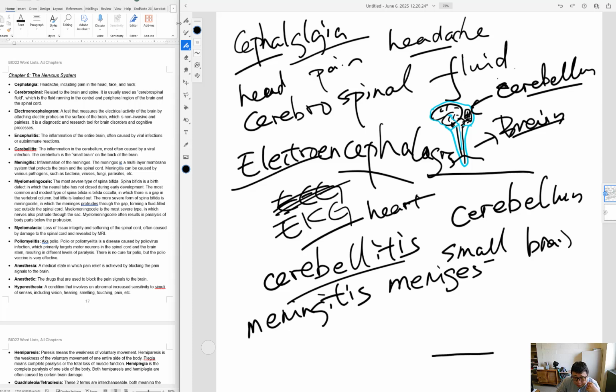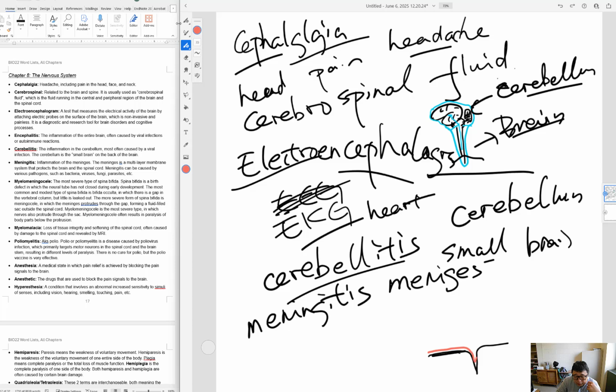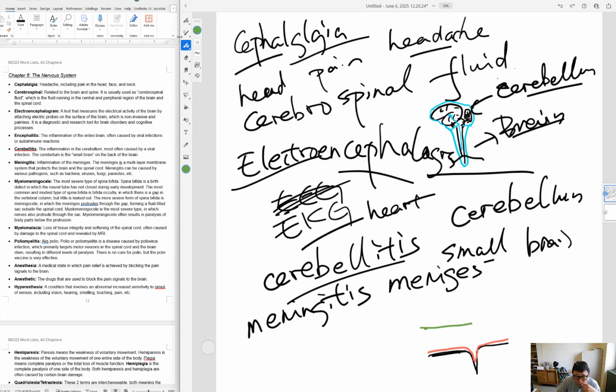I'll be using the spinal cord here, and this is the brain. The first layer is full of blood vessels, I will use the red one. This is called the pia mater, and it is closely attached to the brain. And then the second layer, they call it the arachnoid layer.